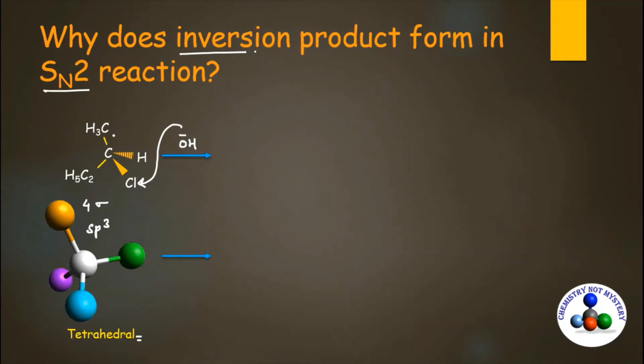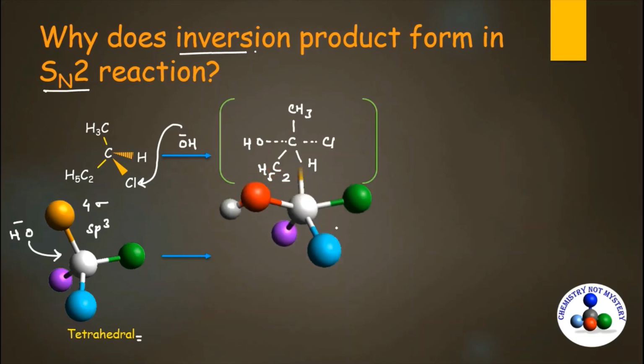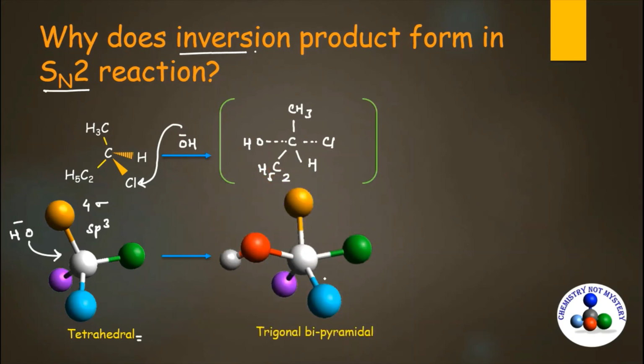So it will prefer to attack from the backside of the molecule. And when it attacks from the backside, you will get a transition state. In this transition state, carbon is pentavalent as we just have discussed earlier. So here methyl is bonded, hydrogen, and here ethyl is bonded. So this transition state is pentavalent transition state, and the geometry of this pentavalent transition state will be trigonal bipyramidal.